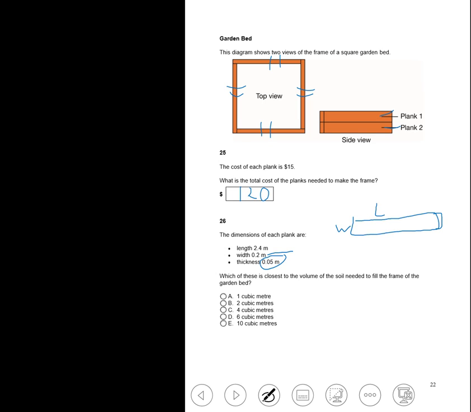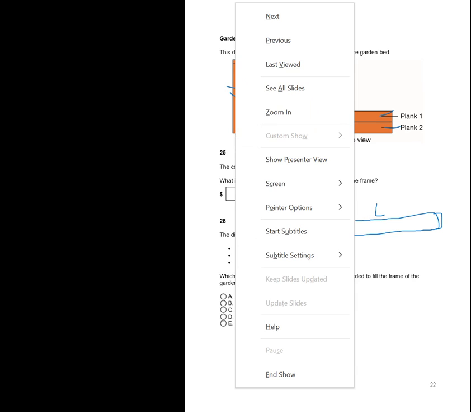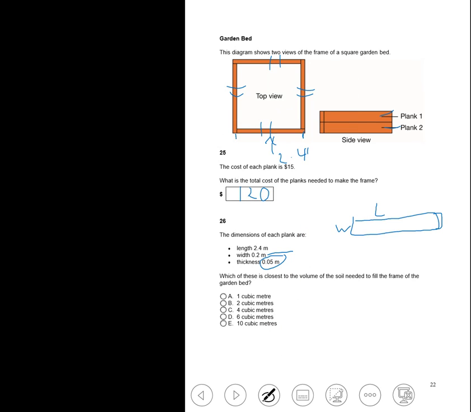So that there is 2.4. It's the same. Well, it's not quite 2.4. It's 2.4 from here to here, but that's not what we need because we need to actually subtract one lot of width.